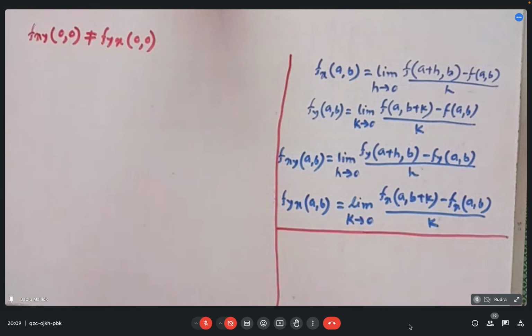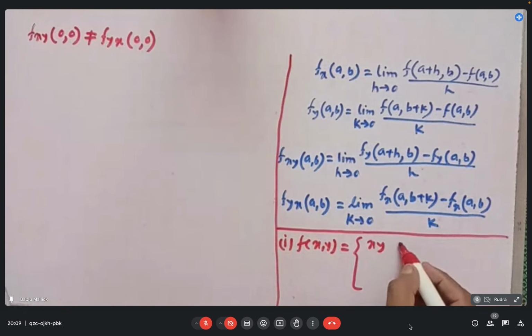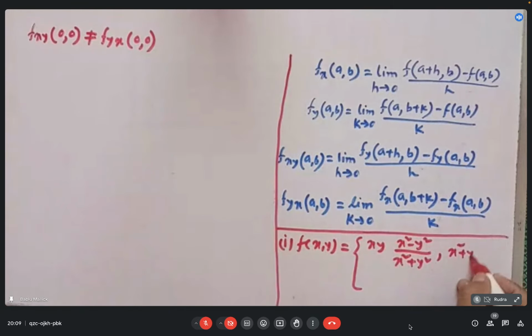লেখো। Number 1, I am writing here the question. Number 1, f of x y is equal to xy times x square minus y square by x square plus y square, when x square plus y square is not equal to 0, or this is equal to 0 when x square plus y square is equal to 0.